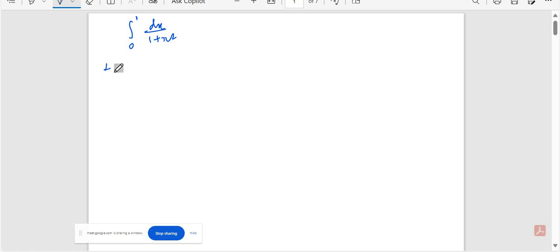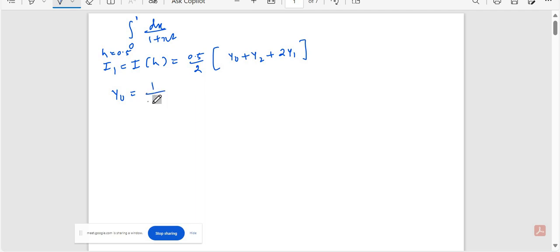So again I start with I1. I1 is my I of h, where I first consider h equal to 0.5. So it is 0.5 divided by 2 times y0 plus 2 times y1 plus y2. Now find our y0. y0 will be 1 upon 1 plus 0, which gives me 1. y1 will be 1 upon 1 plus 0.5 whole square.